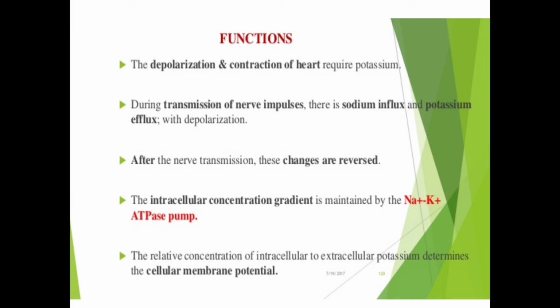During transmission of nerve impulse, there is sodium influx and potassium efflux with depolarization. After the nerve transmission, the changes are reversed. Okay, so altogether you can just write in brief: for the contraction of heart, potassium is required.